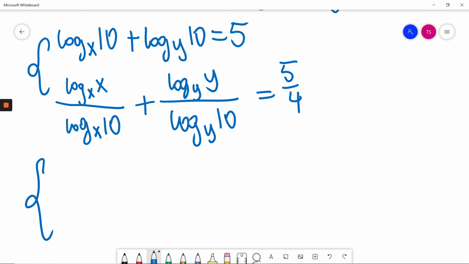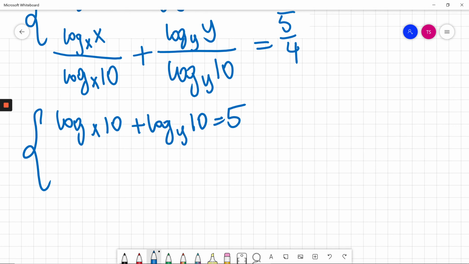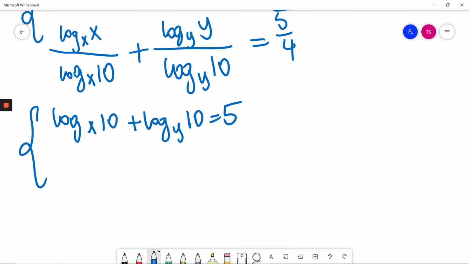At this moment, I will copy the first equation again. Now, with the second equation, log base x of x, this is just 1.